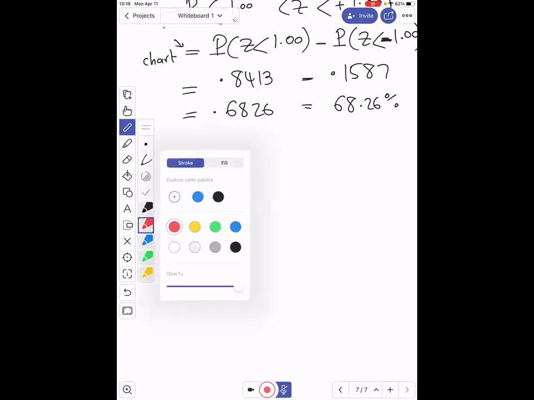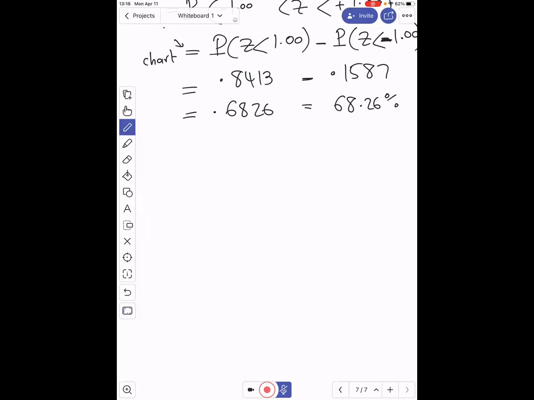So that's the second version of the central limit theorem, version 2. This is for any probability distribution.